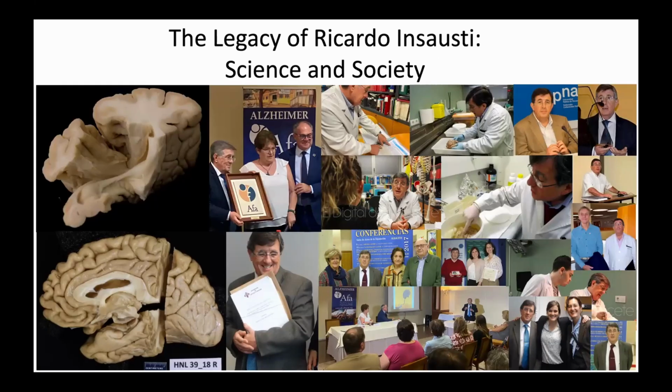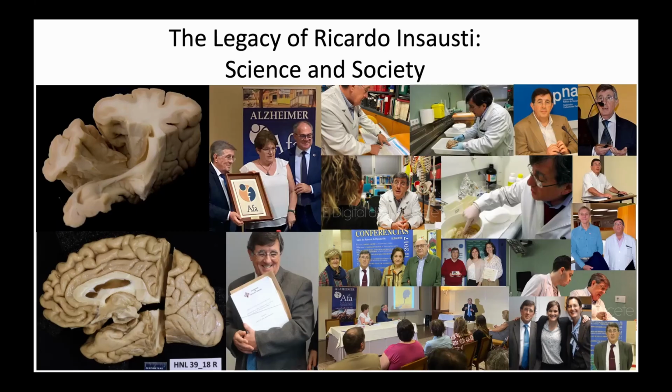But not only did he do anatomy, beautiful dissections, and work with MRIs, he was very active in society as well. So we can see here he was part of the Alzheimer Association in Albacete. He received prizes, and he was always very engaged in public society and science events.